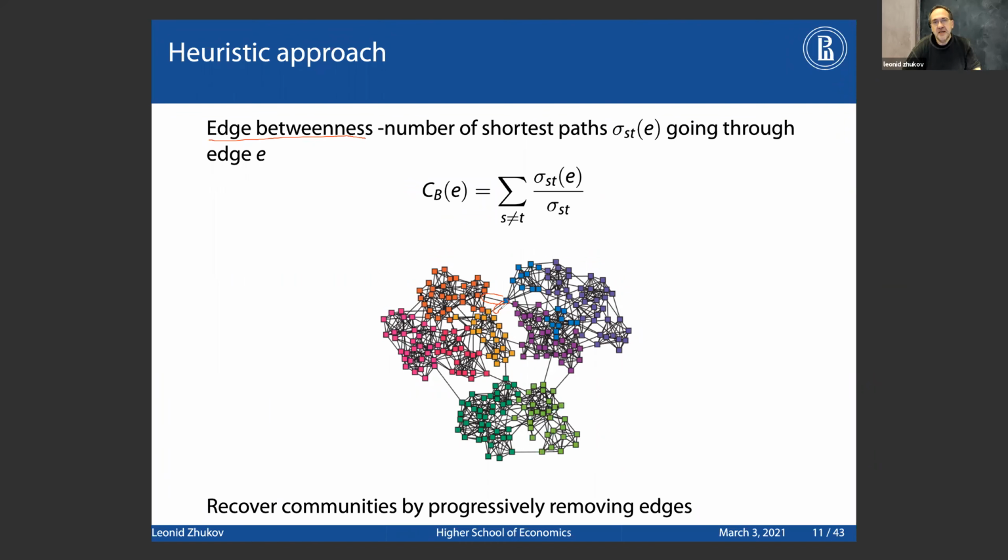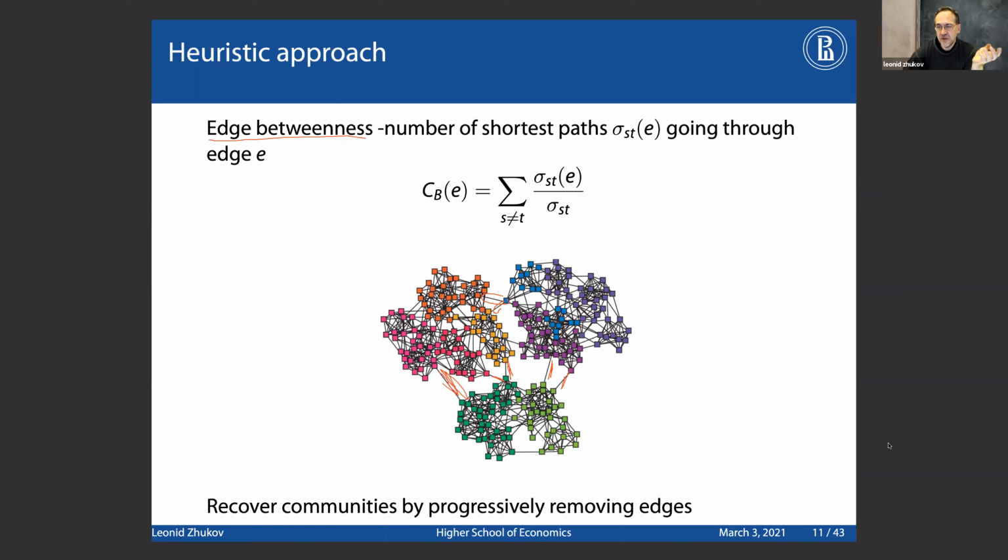This is a partitioning into clusters, because every part of the city can be thought of as a cluster in a sense. And so what we want to do is find those bridges that have the most shortest paths going through them.